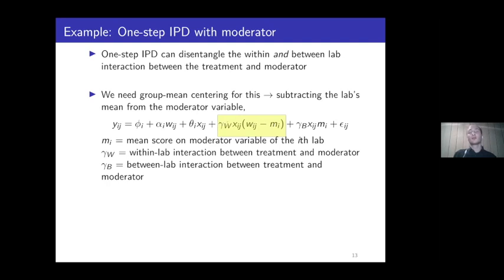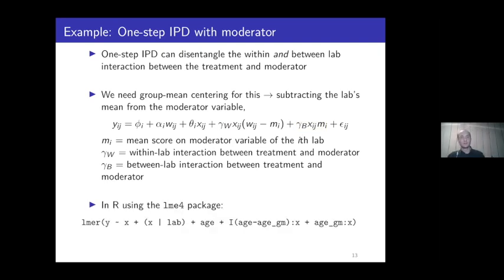So this provides us information about the within lab interaction. And then for the between lab interaction, we include the interaction effect between the lab mean, the M i, and the treatment variable, the X i j.